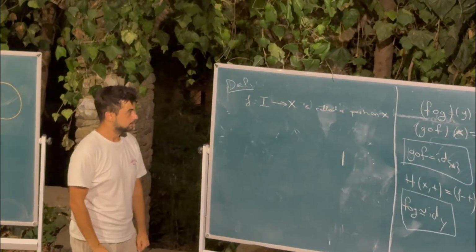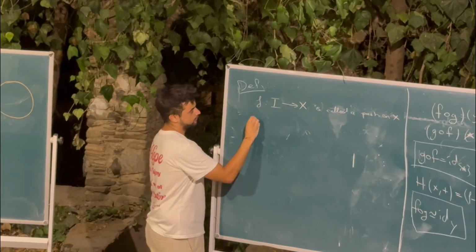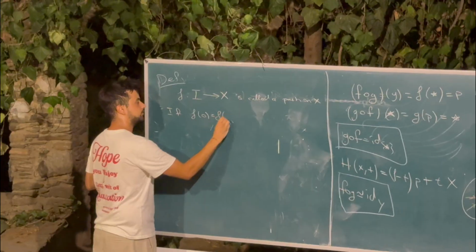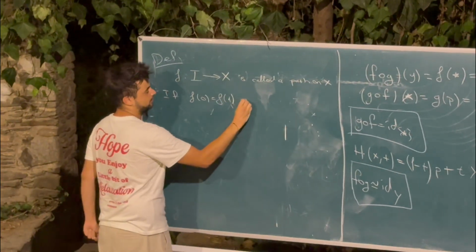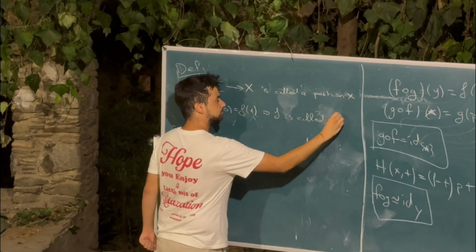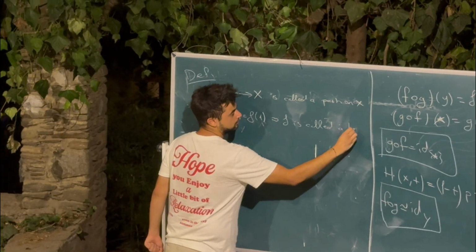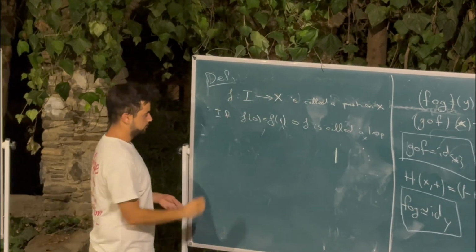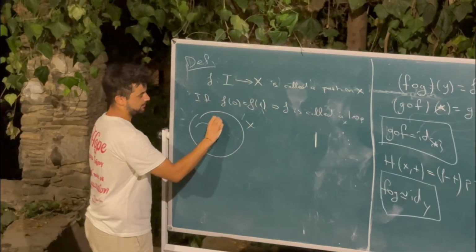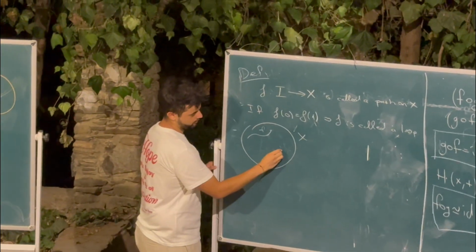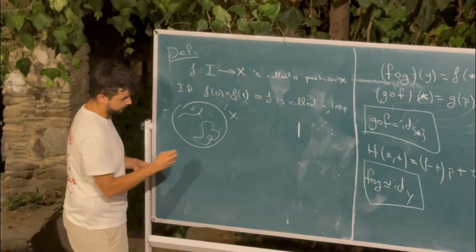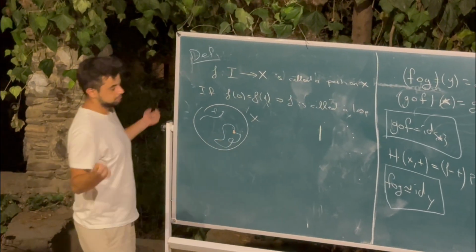And if the starting point and the end point are the same, then F is called a loop. So if this is my space X, maybe this is a path, F, and this is a loop at this point, something like this.